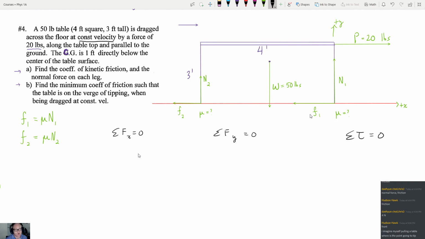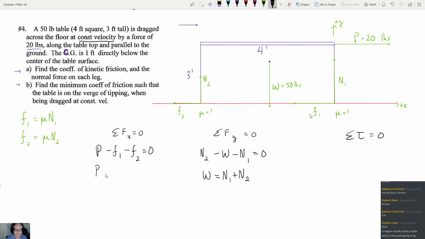So x direction, what do we have? We've got P minus F1 minus F2. And in the y direction, we've got N2 minus the weight minus N1 is equal to 0. This tells us that the weight is equal to N1 plus N2.